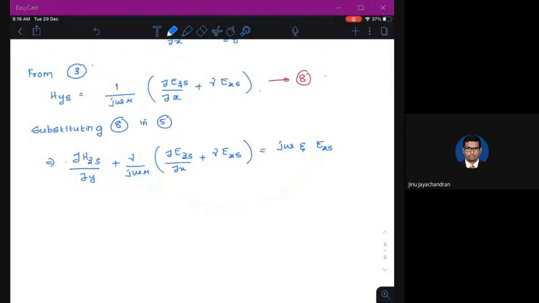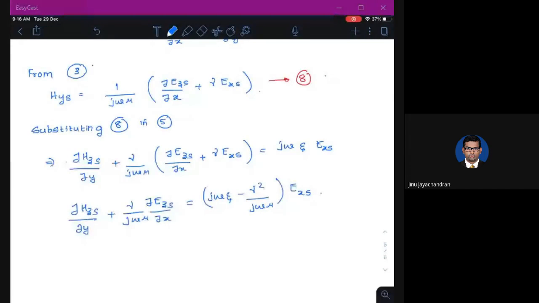So what I get is ∂Hzs/∂y + (γ/jωμ) ∂Ezs/∂x is equal to (jωε − γ²/jωμ) multiplied by Exs.